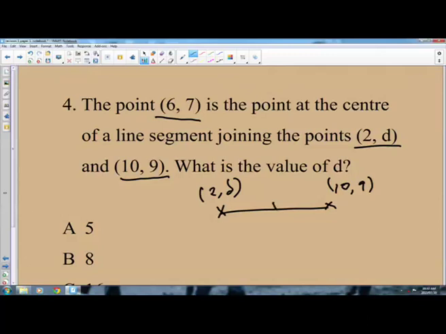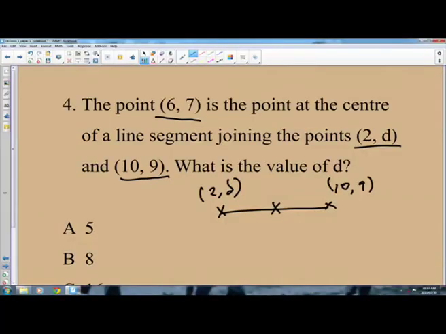So the center is at this point. The center will divide the line 2, d and 10, 9 into two equal parts. So this simply means the point 6, 7 will be the middle point here. So this is the midpoint. The point 6, 7 is the midpoint of the line over there. And then it says, what is the value of d? Meaning we are to calculate the value of d.